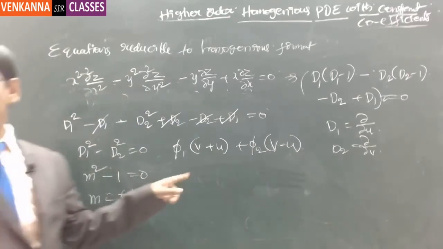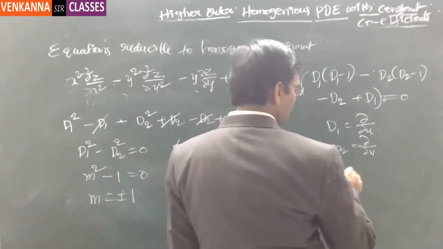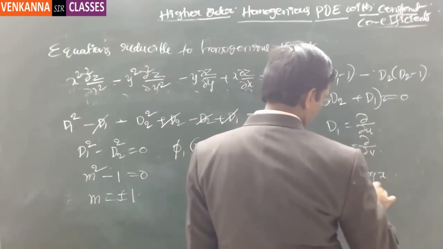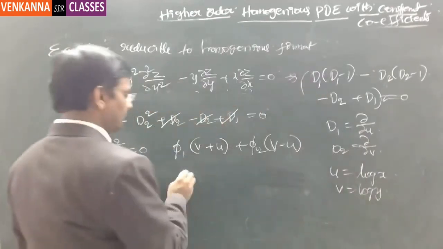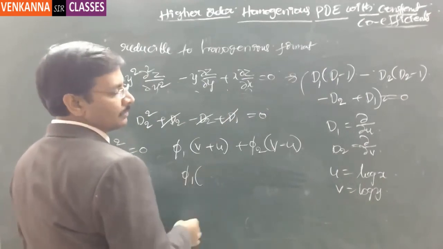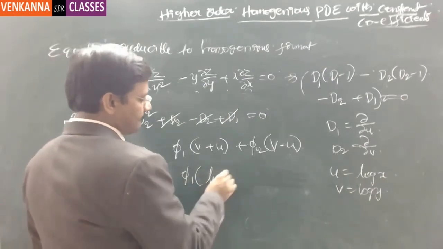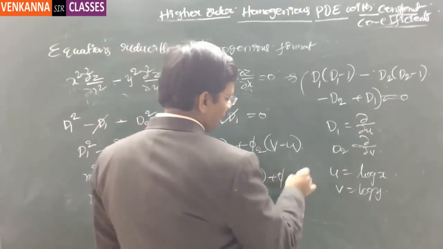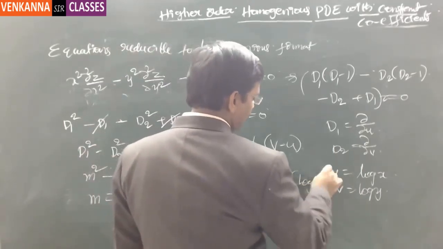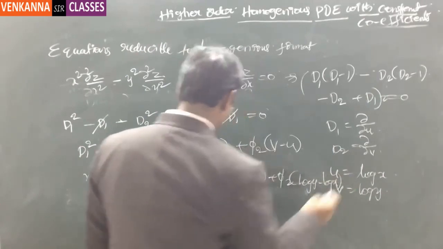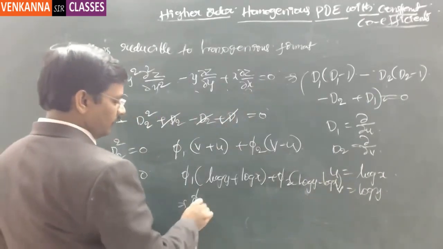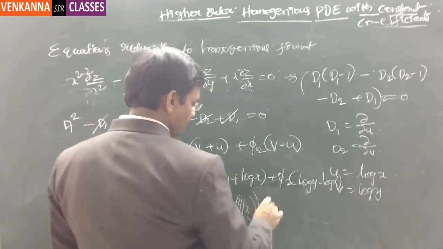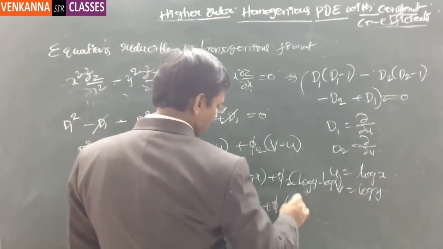But the relation between x and u is u equal to log x and v equal to log y. So this you have to replace. So phi 1 of log y plus log x plus phi 2 of log y minus log x. Or in other words, phi 1 of log xy plus phi 2 of log y by x. So this is the complementary function.